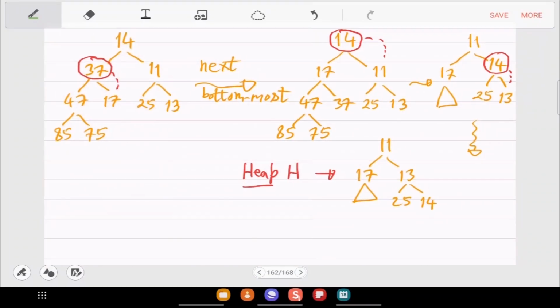So what it has become is now this. So 11... okay, so this is the heap implemented as an array.